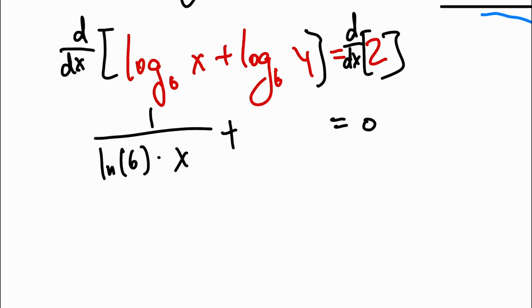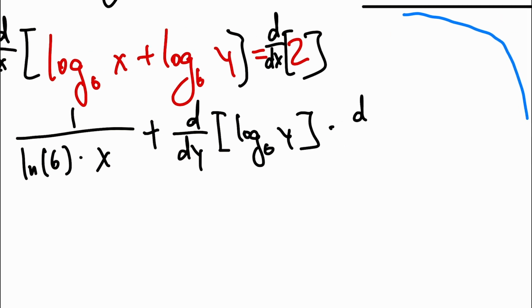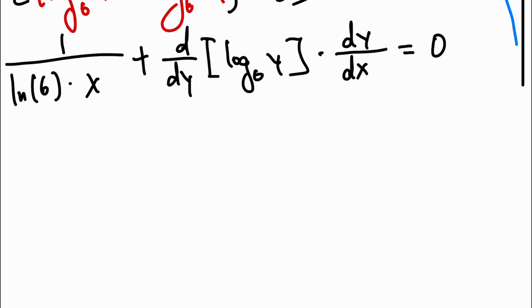Notice over here that we actually need to use the chain rule. The chain rule states that we can add the derivative with respect to y of this log of 6y, and we need to multiply it by the derivative of y over the derivative of x, and that is equal to the derivative with respect to x of 2, which is just equal to 0.